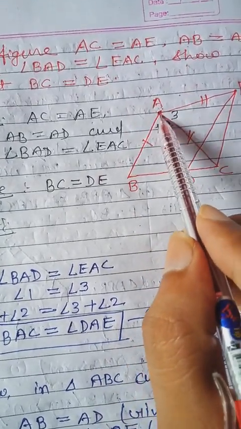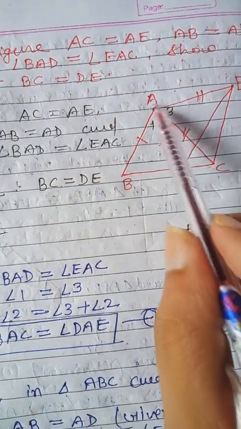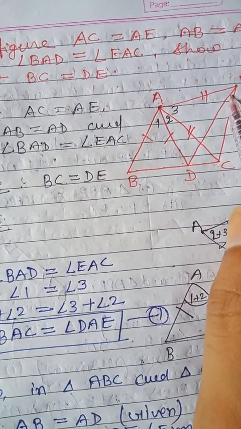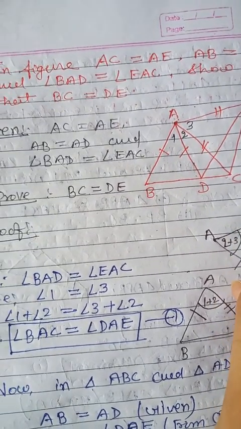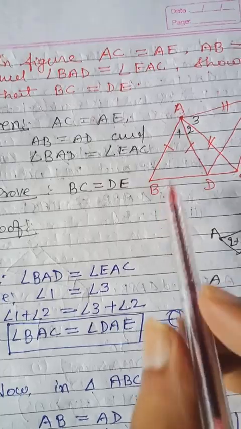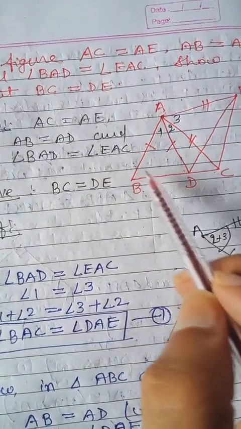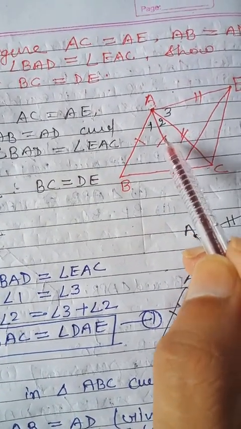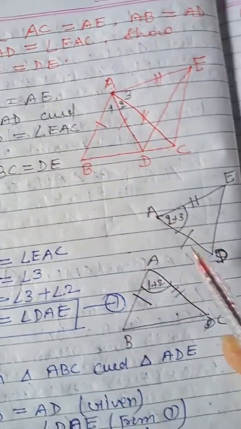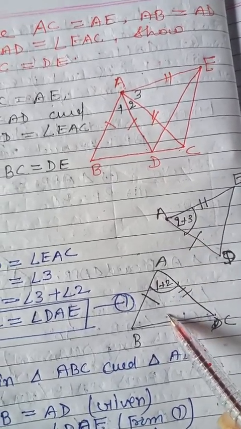Look here, ABC and ADE. These are two triangles. The figure is complicated, so break this figure in simplest form like this.